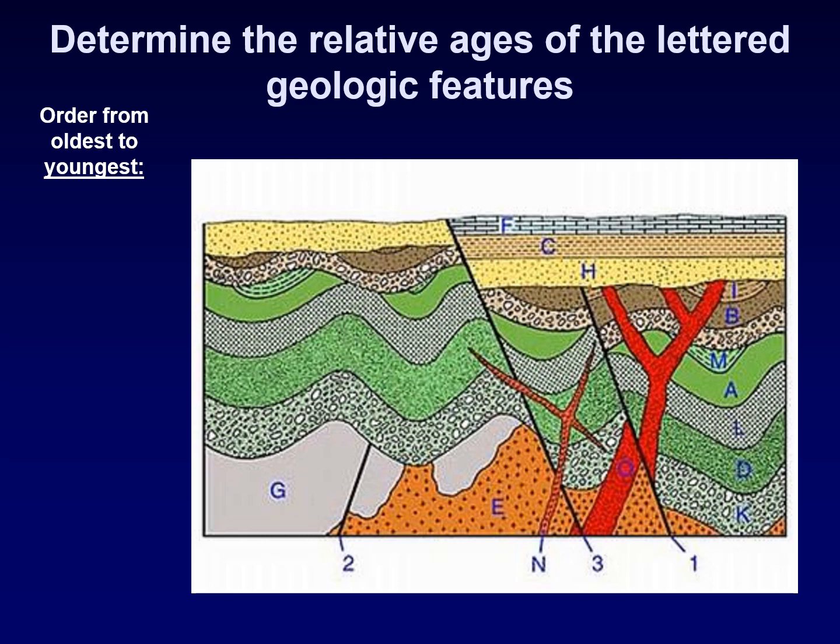Okay, so for this one, let's do the same. So we're going to order this from oldest to youngest. Looking down at the bottom, we see that we've got some igneous rocks, but they don't intrude into any of the sedimentary layers above it. So we just have to figure out which one of those came first. Well, G has a little section here that is disconnected from the other part of G, whereas E is all connected.